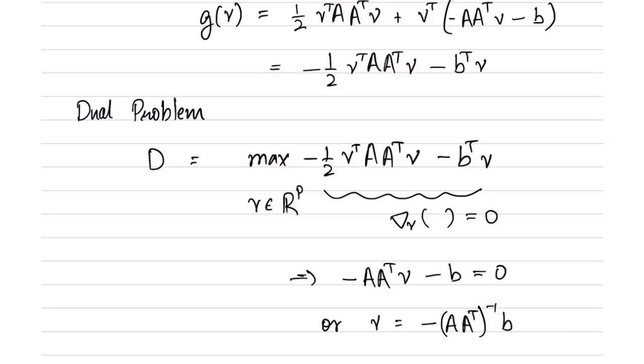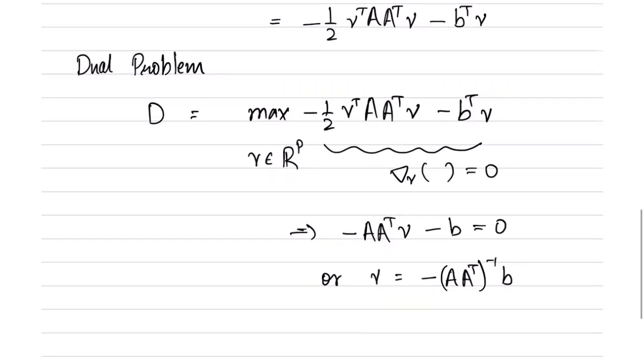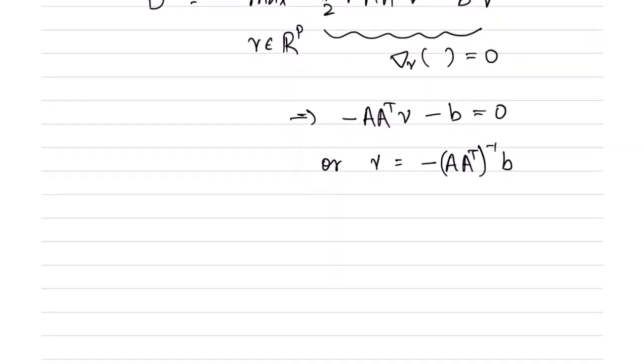Let's say that A A transpose is invertible. Then nu star is minus (A A transpose) inverse b, and therefore g of nu star, which is equal to d, is, if we substitute it here, minus half b transpose (A A transpose) inverse b.